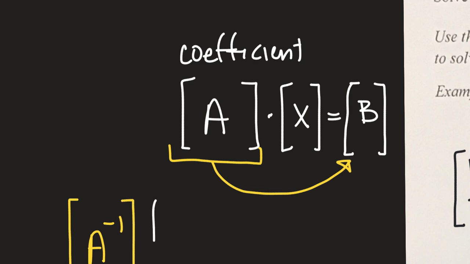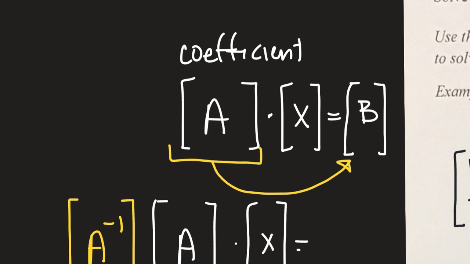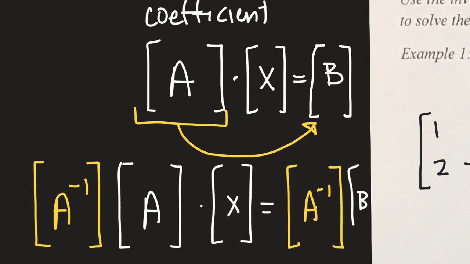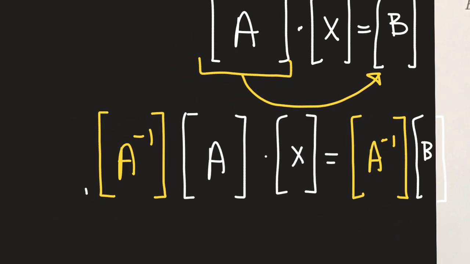Okay, and multiplication matters what way you do it in a matrix. It matters what side you multiply on. So we're going to multiply both sides, left multiply by the inverse. And this is, of course, B. Now what happens with A inverse and A?